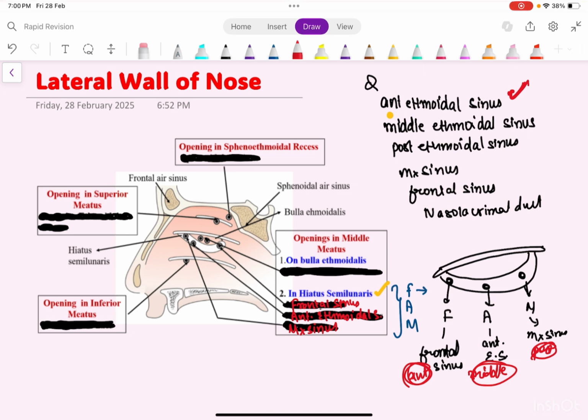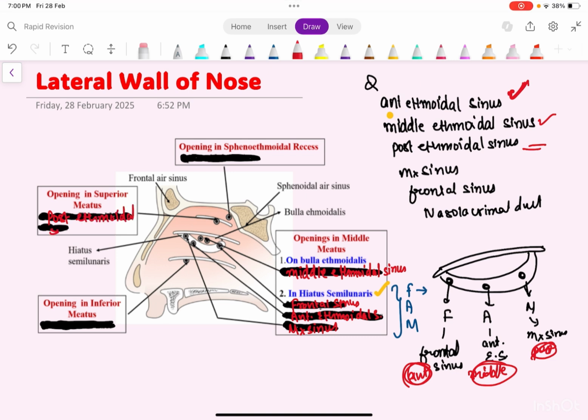You have to know that the middle ethmoidal sinus will be present in the bulla ethmoidalis. Then the superior meatus. We are done with middle. Now we'll talk about posterior. The posterior ethmoidal sinus will be in the superior meatus.